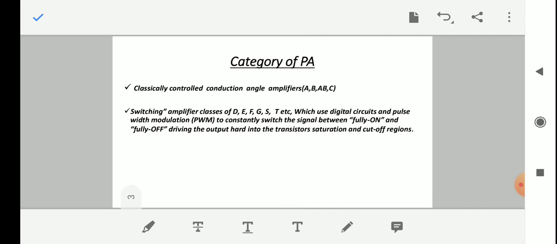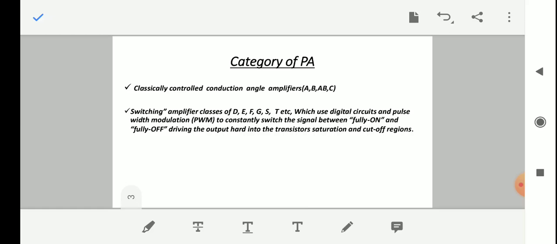The first is the classically controlled conduction angle amplifier, in which class A, class B, class C, and class AB amplifiers fall under this category. Class D, class E, and class F, G, S, T, etc. are categorized under switching amplifiers, which are used in digital circuitry and pulse width modulation.